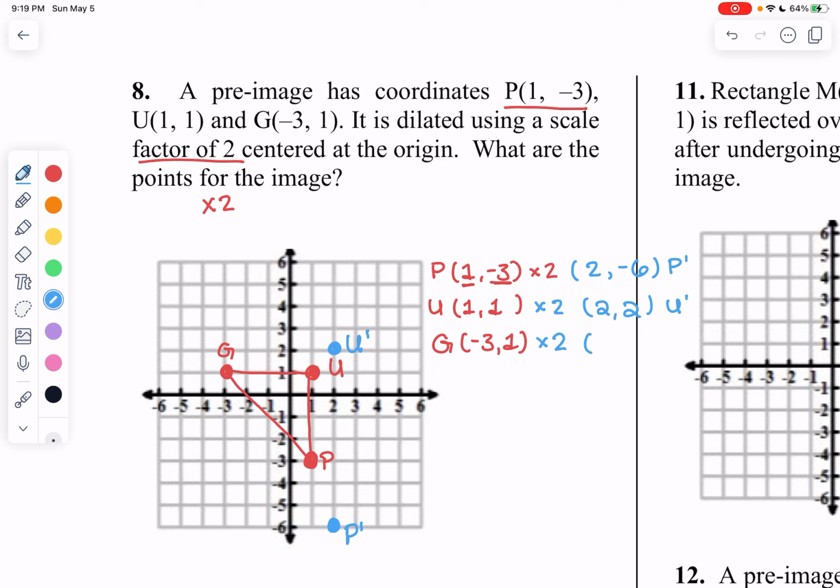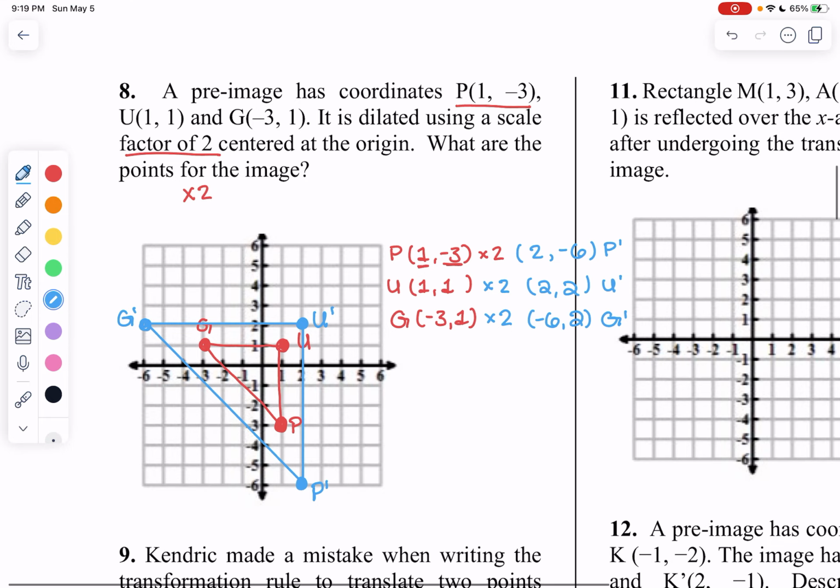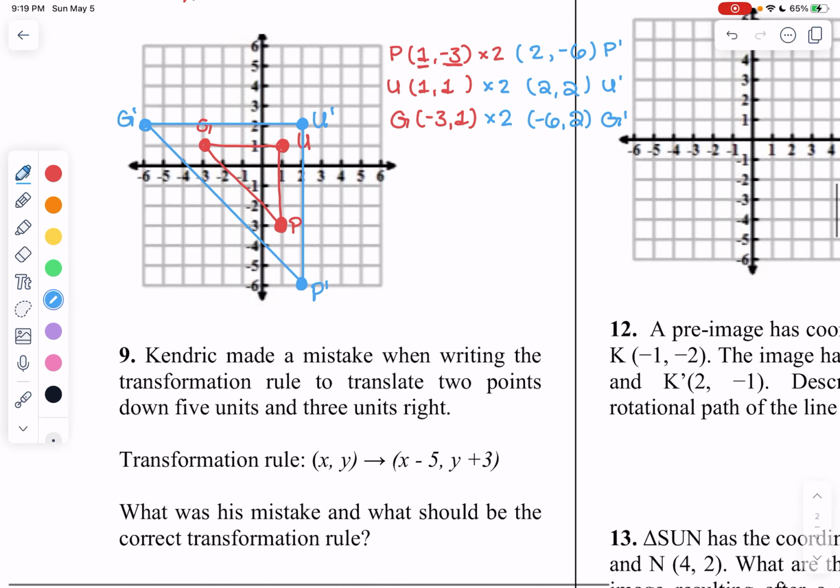Okay, -3 times 2 is -6, and 1 times 2, 2. So G prime is at (-6, +2). That's right here. So here is my dilated image, which, if we think dilation, we think change in size. My blue triangle, or my image, is twice as big as my pre-image, right? My red triangle.